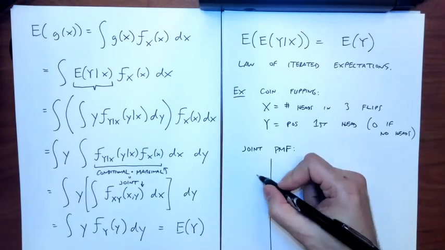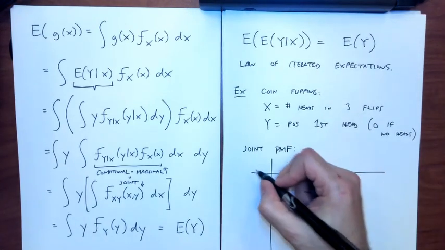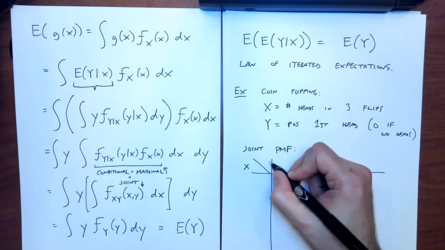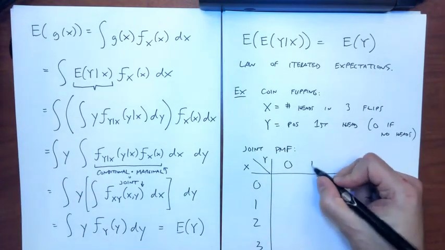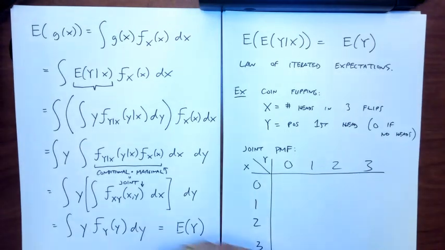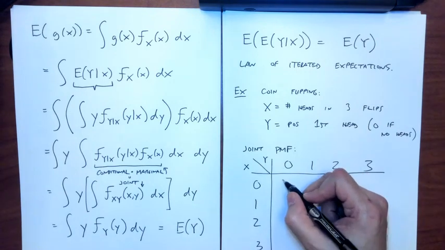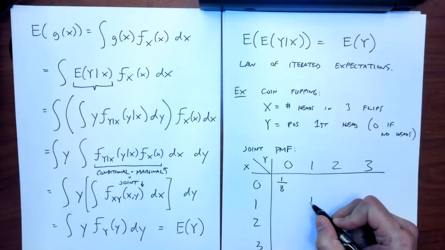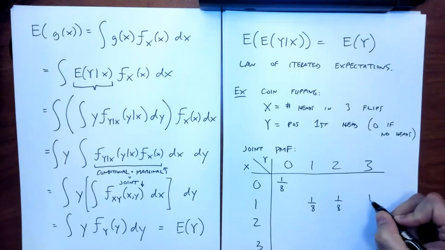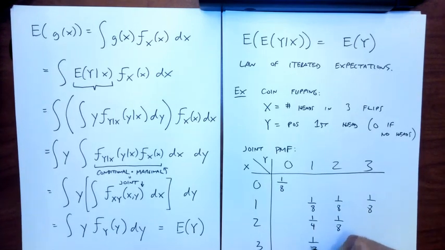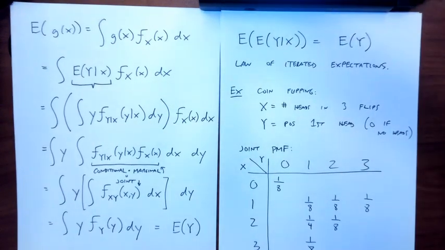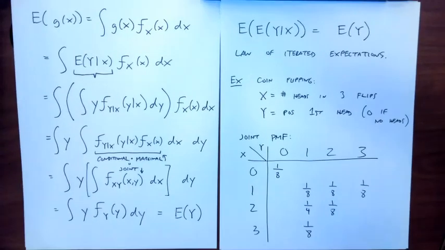If this is my x and this is my y, I have possibilities 0, 1, 2, 3 here, and 0, 1, 2, 3 here. And as we recall from last time, the PMF looked like this. If you look back at your notes, you should find this table.